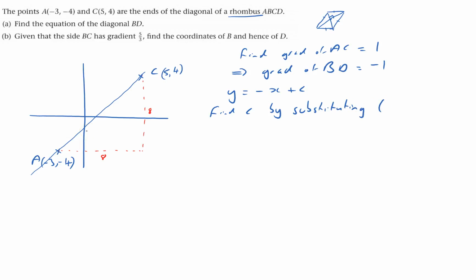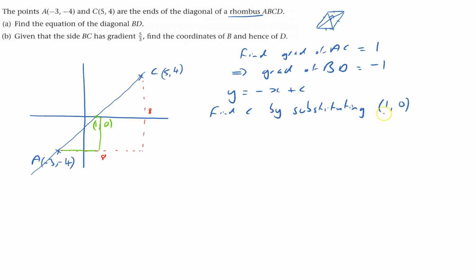I know it crosses at the midpoint, so I need to find the midpoint of this, and that will mean going across by 4 and then up by 4. So it goes from -3 across 4, so that will now be 1, and from -4 up 4, so that will be 0. That's that point there, isn't it? 1, 0.